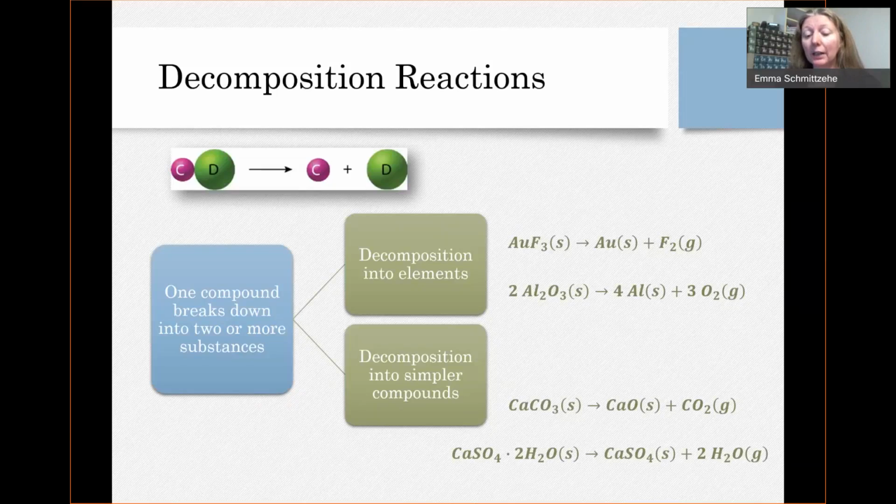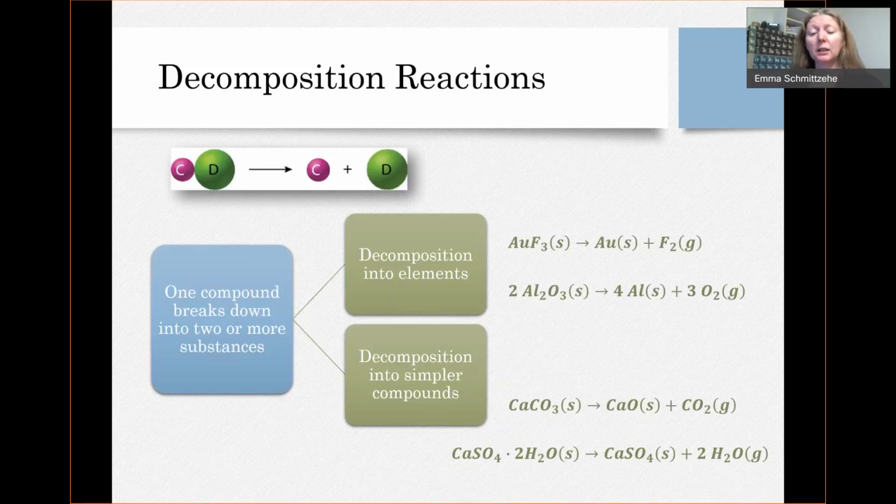Or if you have calcium sulfate dihydrate, it's going to break up into calcium sulfate and water. Those are much harder to predict if you're not given any kind of hint about what would happen. So most of the time, if someone talks about a decomposition and they don't tell you the products, they're probably talking about a complete decomposition into the elements.